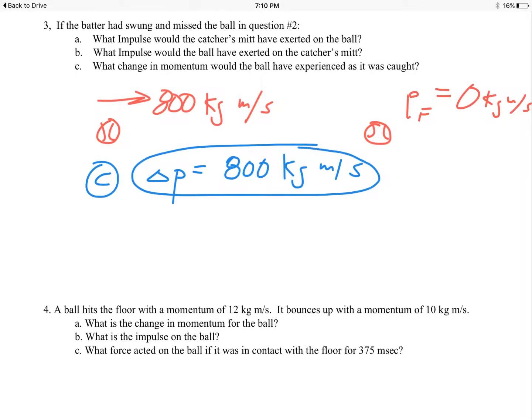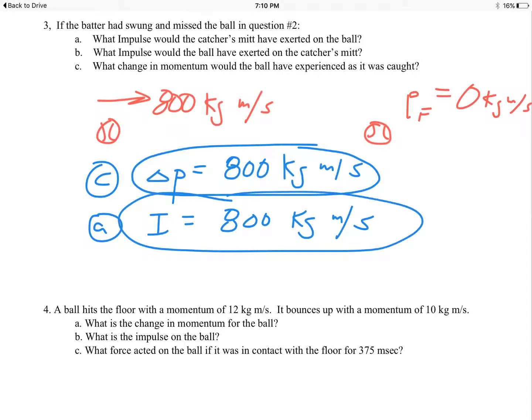Well, therefore, the impulse that the catcher's mitt has on the ball is the same as its change in momentum. So I can go back to part A now. The impulse on the ball is 800 kilograms meters per second, because the impulse is just the change in momentum. And likewise, this problem is so easy it's hard.